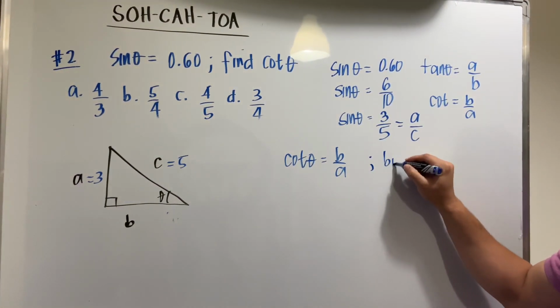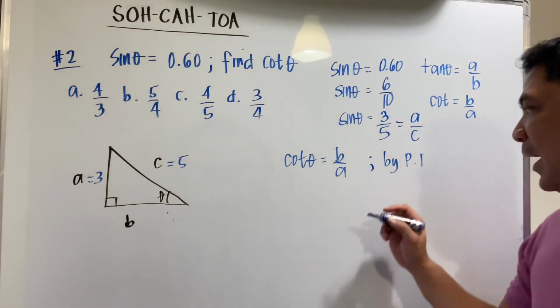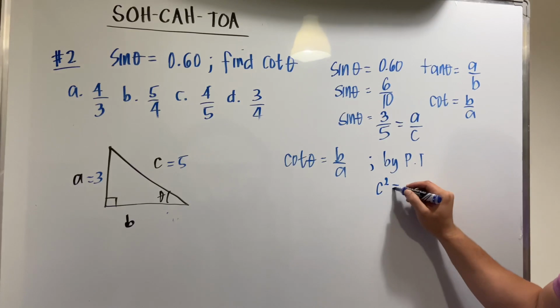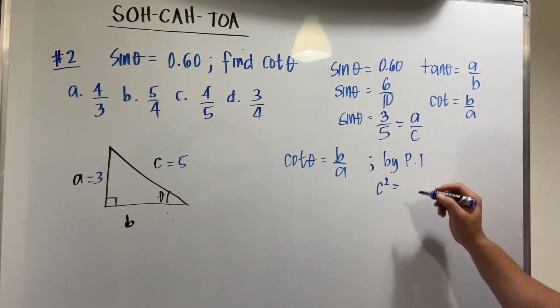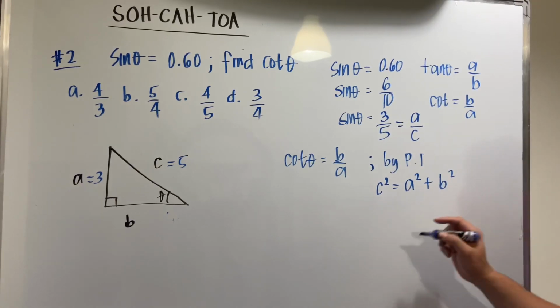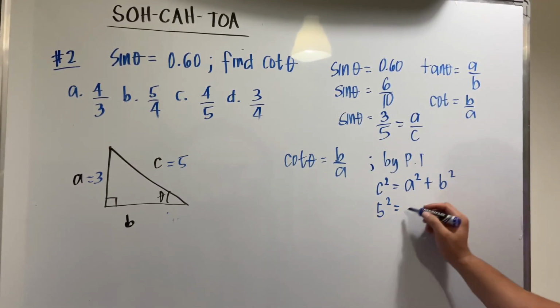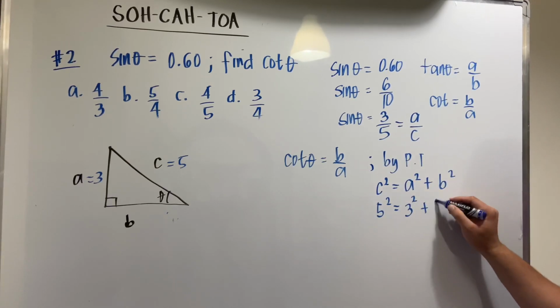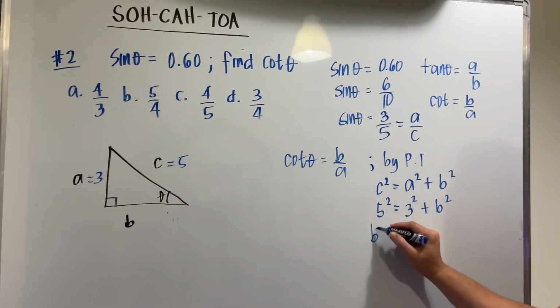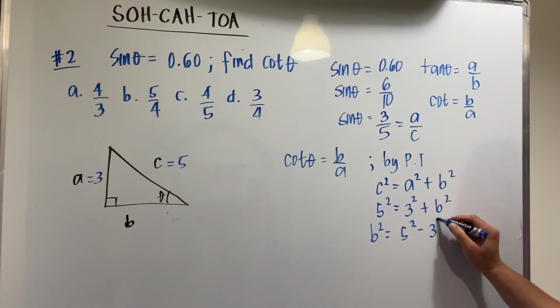By the Pythagorean Theorem, the square of the hypotenuse, C squared, is equal to the sum of the squares of the legs, A squared plus B squared. Therefore, you have 5 squared is equal to A squared, which is 3, plus B squared. Therefore B squared is equal to 5 squared minus 3 squared.